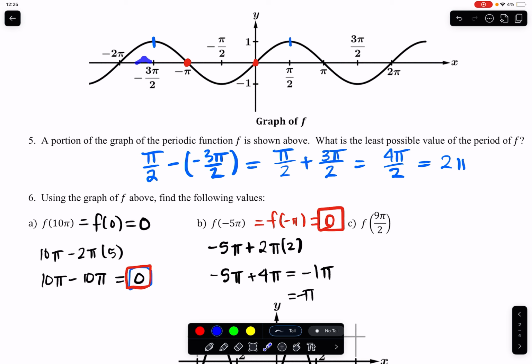At every half value of pi, whether it's 1 pi over 2 or 3 pi over 2, the y value is going to be either +1 or -1, depending on which value we have. So here, since I have 9 pi over 2, I know my answer has to be either -1 or +1. So let's see which one it is.